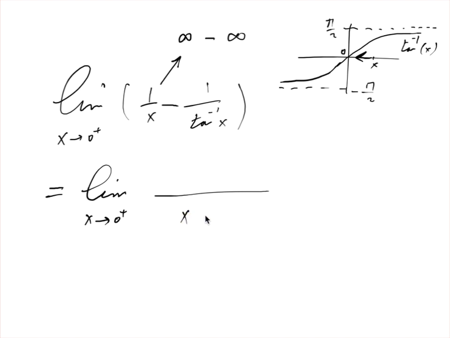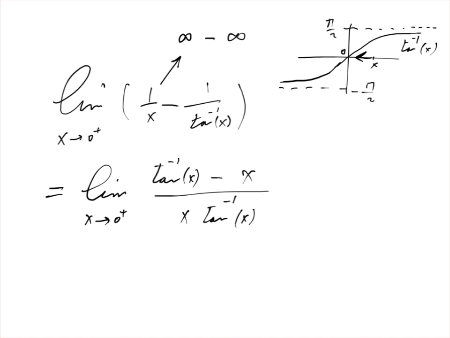The common denominator is x times tangent inverse of x, and for the first numerator we get tangent inverse of x. For the second one we get x.